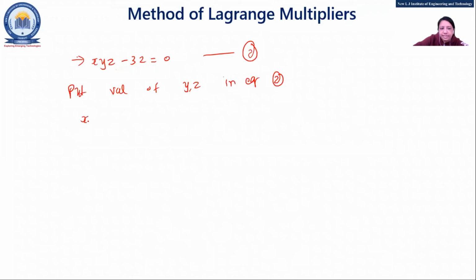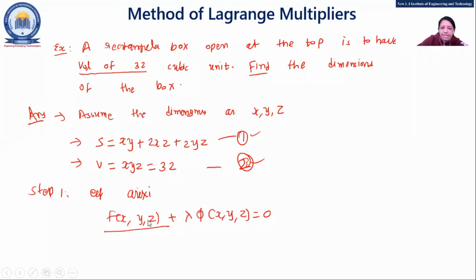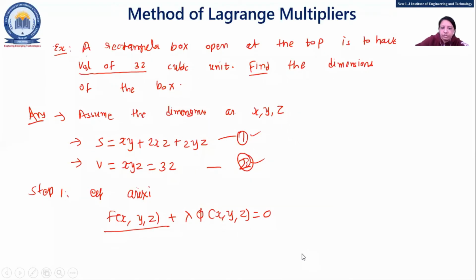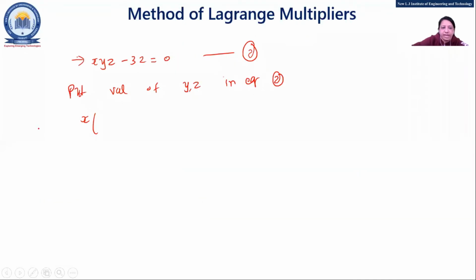So x as it is, y is x, and z is x by 2. So instead of y, I'll write x, and z is x by 2, equal to 32. So x cube equal to 64. That's why my x would be 4.